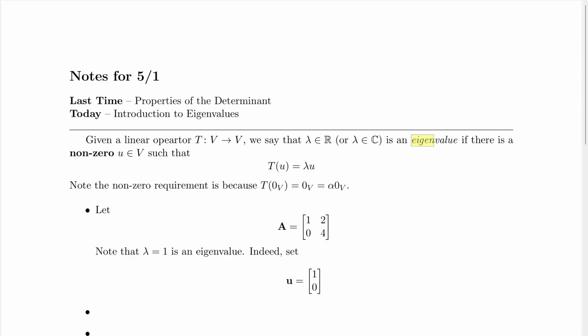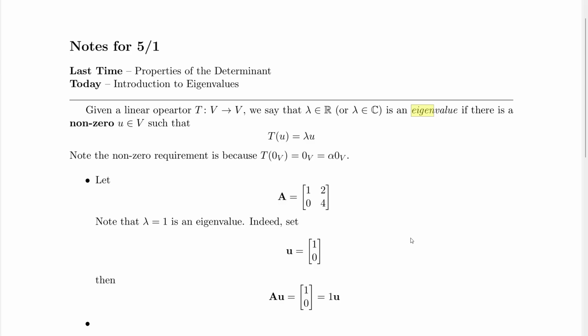If I let the vector u be the standard unit vector 1, 0, what happens when I look at A times u? Well, multiplying by a standard unit vector will isolate the associated column, and lo and behold, the first column of that matrix is the standard unit vector itself, so I just get back 1 scaling u.